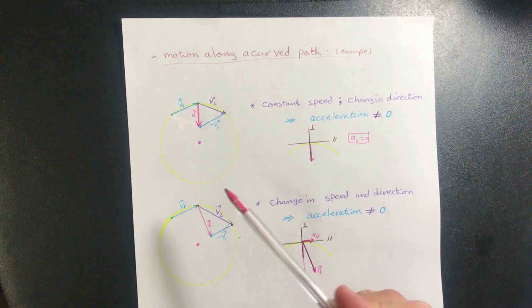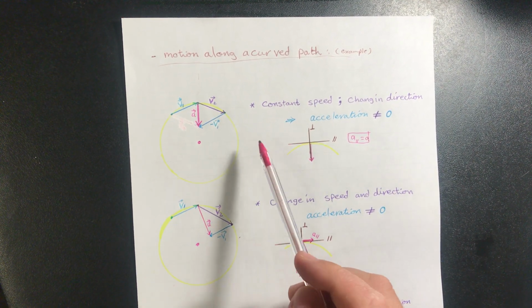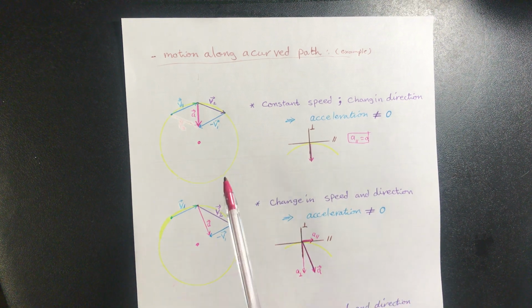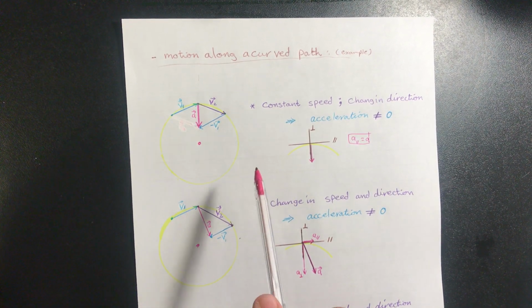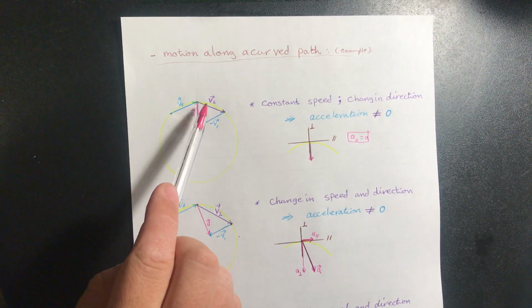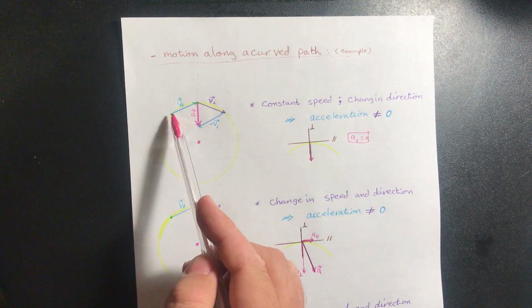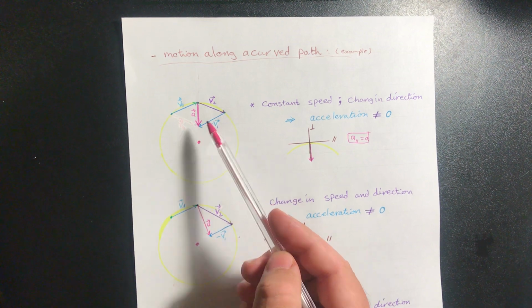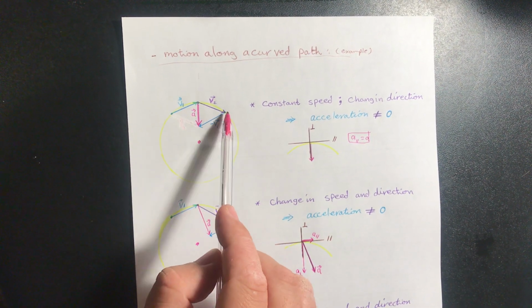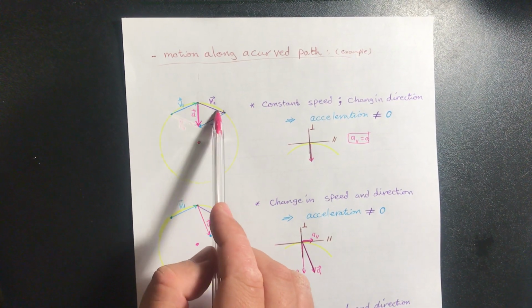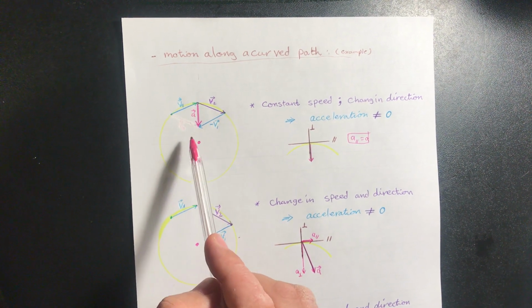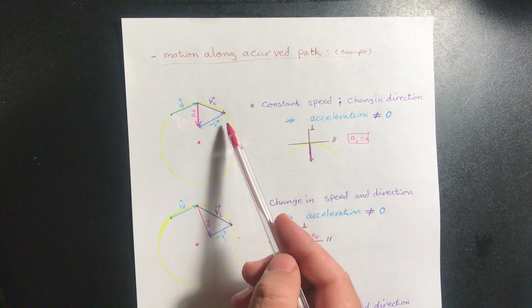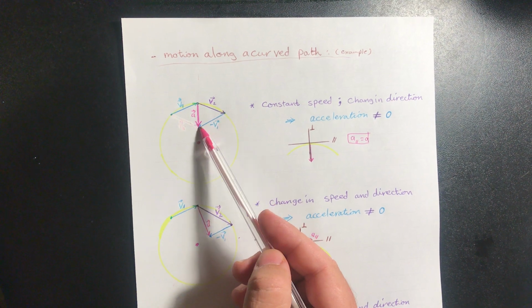What is the acceleration? By drawing. Okay, the acceleration is delta v over delta t. What is the direction of it? Okay, this is v2, this is v1. This is minus v1 because they are equal. Look at this point, it gives them an equal length. So this is v2, this is minus v1.